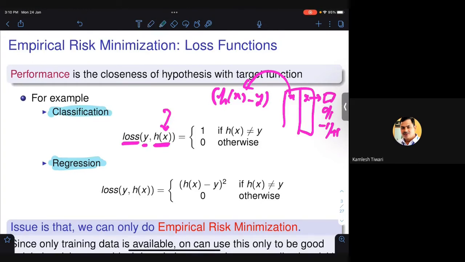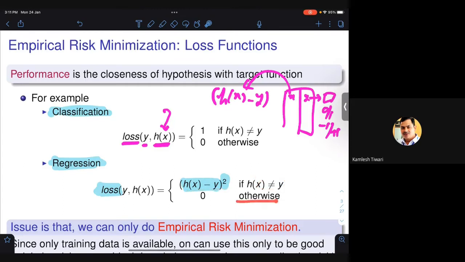The difference between them should be 0. Any value could be higher, so I can say that if I take the square of the difference between these two values, the square is just to make things positive, this value should be as small as possible. So I can define the loss in the case of regression using this formulation. If the two values are not the same, I can define the loss like this.